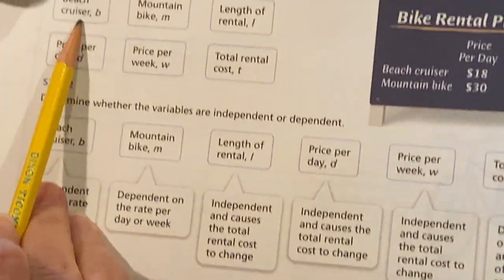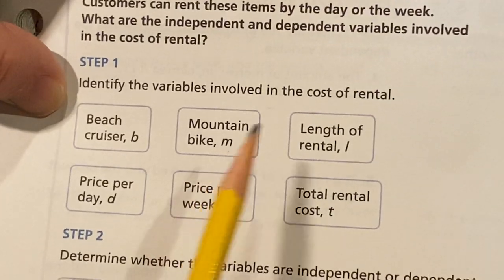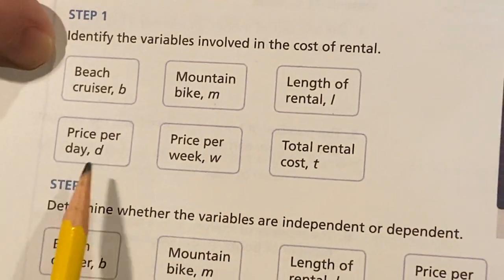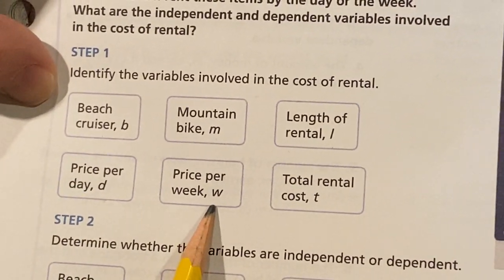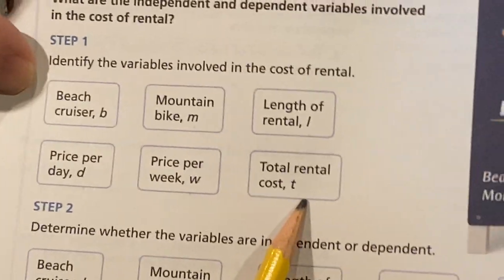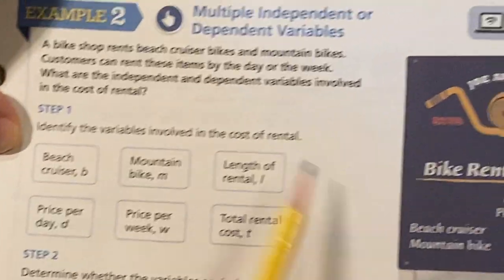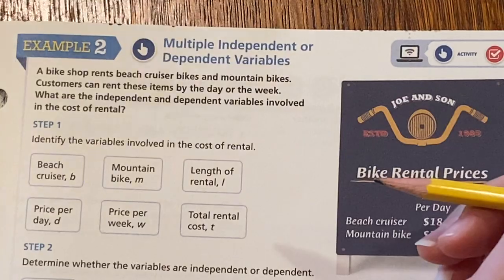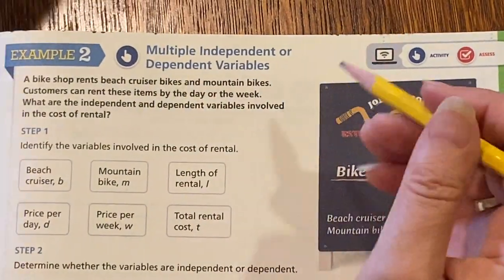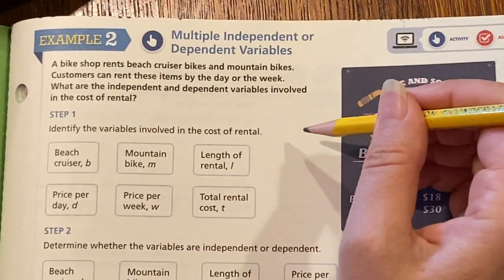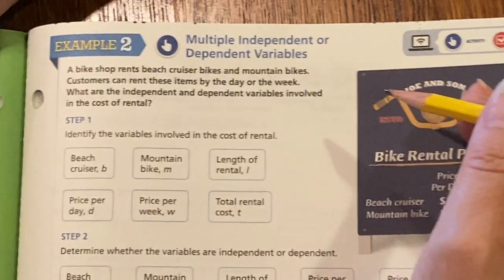Okay, beach cruiser B, mountain bike M, length of rental, price per day, price per week, and total rental cost. We've got all of those things to think about. Those are all variables involved in the cost of the rental.